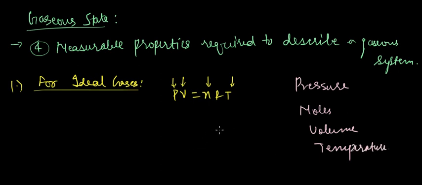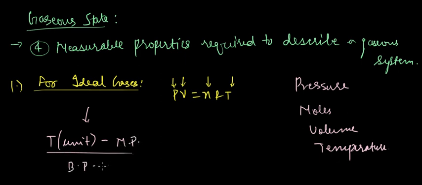We'll write the following equation, wherein temperature in some unit minus the melting point of that substance in the same unit, divided by boiling point minus melting point, is constant.